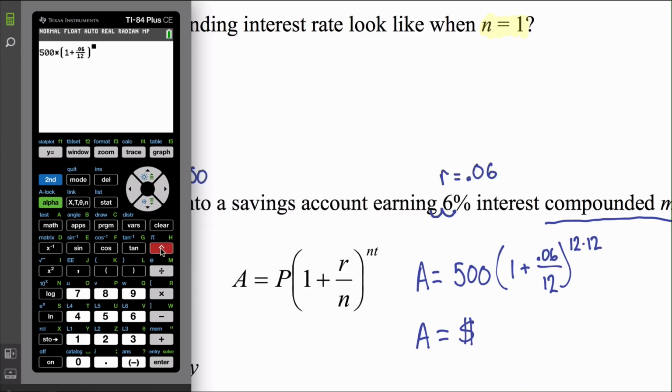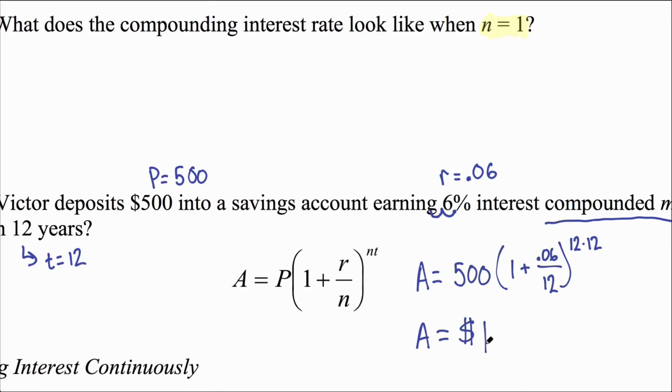And all of that is going to be raised to the 12 times 12 power. All right, and we end up with 1,025, and we're going to round to the nearest penny for these finance problems. So that's the hundredth. So $1,025.38. All right, that's not too bad for starting off with $500.